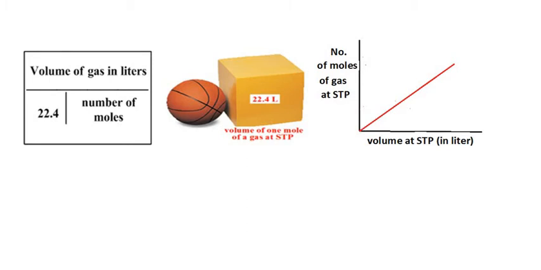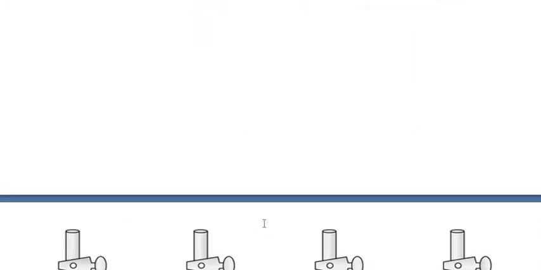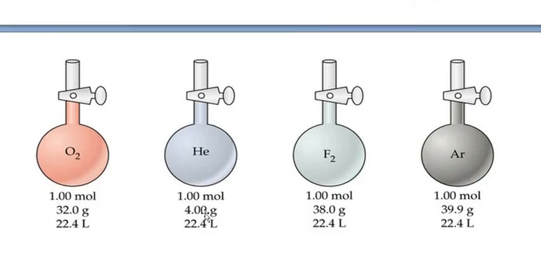That gives a straight line that passes through the origin of the two axes. Here are equal volumes: 22.4 liters, 22.4 liters, and so on. This is the volume of 1 mole of any gas at STP conditions.